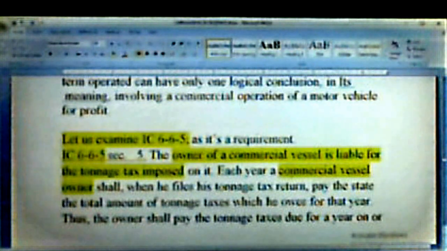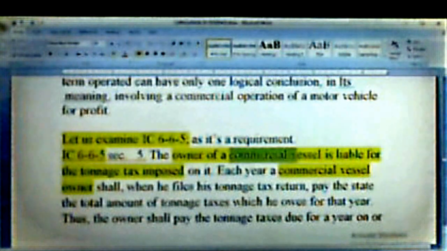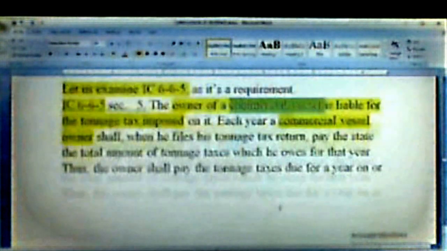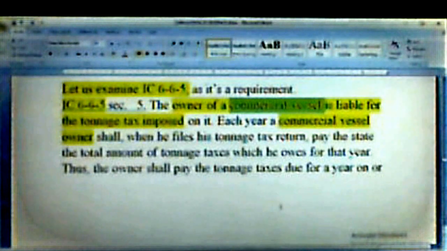Each year a commercial vessel owner shall, when he files his tonnage tax return, pay the state the total amount of tonnage taxes which he owes. But this is only for commercial vessels. Well, if you've got a commercial vessel, you're making money off of that thing. You're getting paid to transport goods or people for some fair fee or wage.